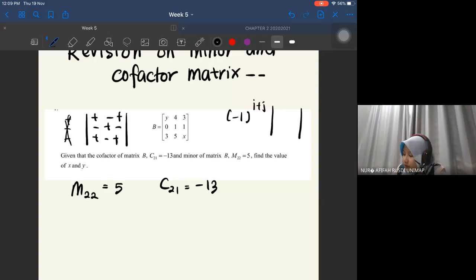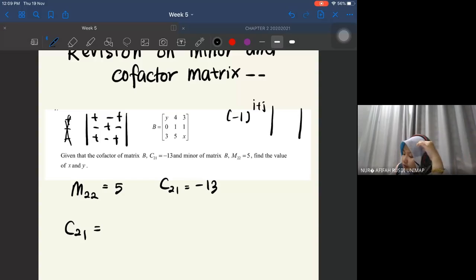Okay, so for C21, so C21 kedudukannya adalah pada row yang kedua, kolom yang pertama. Okay, so you will have your C21 is equals to, so what is the symbol untuk elemen C21?